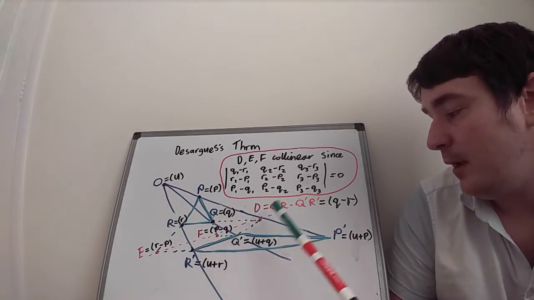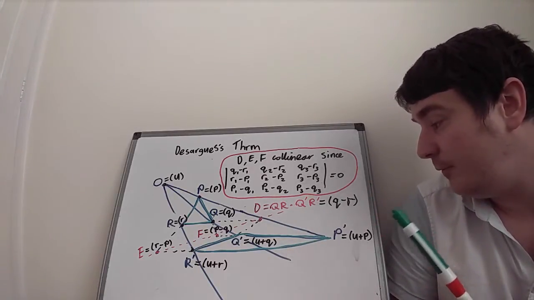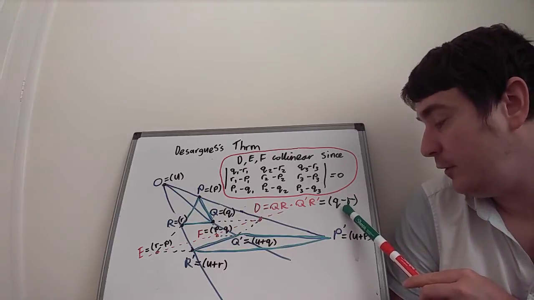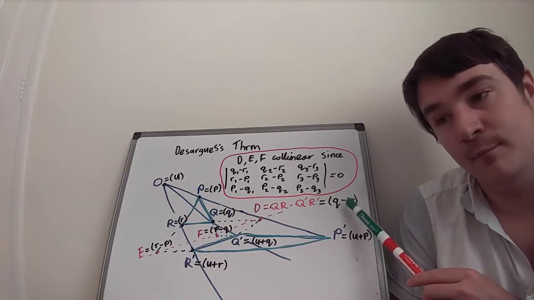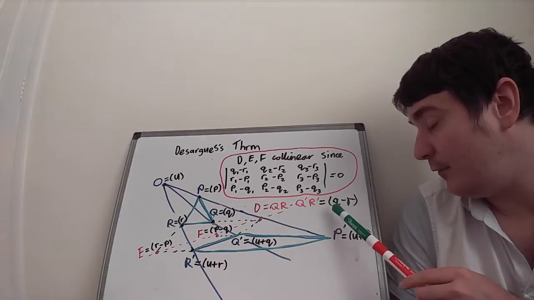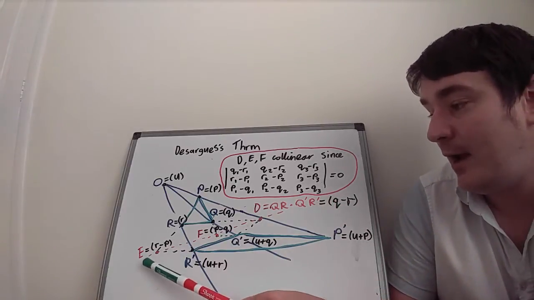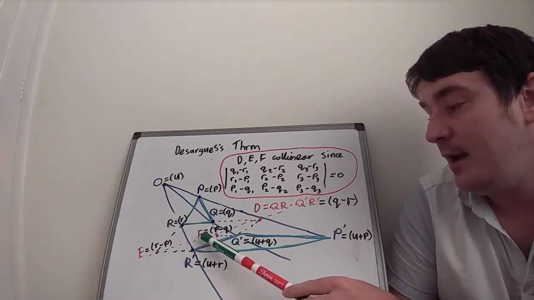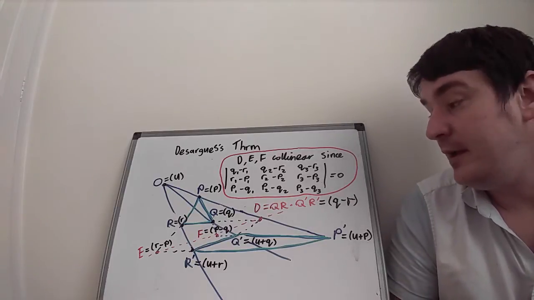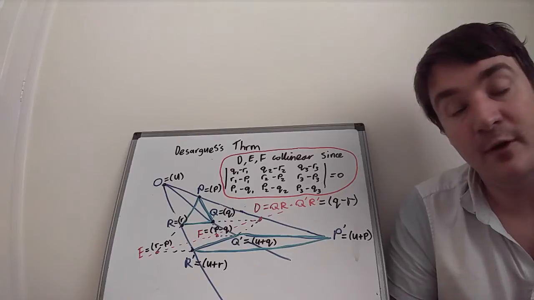And you can try and convince yourself that it has to have coordinates q minus r, or something proportional to that. So D has to have coordinates q minus r. Similarly, we can show that E has to have coordinates r minus p, and F has to have coordinates p minus q.